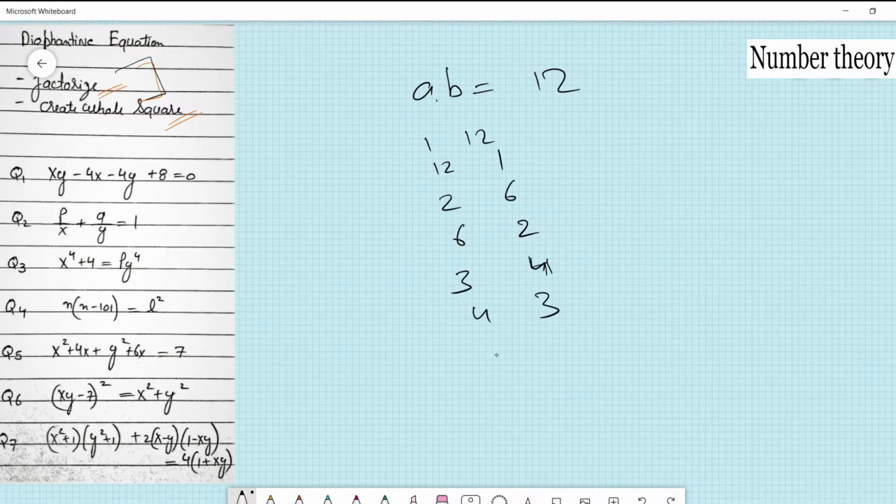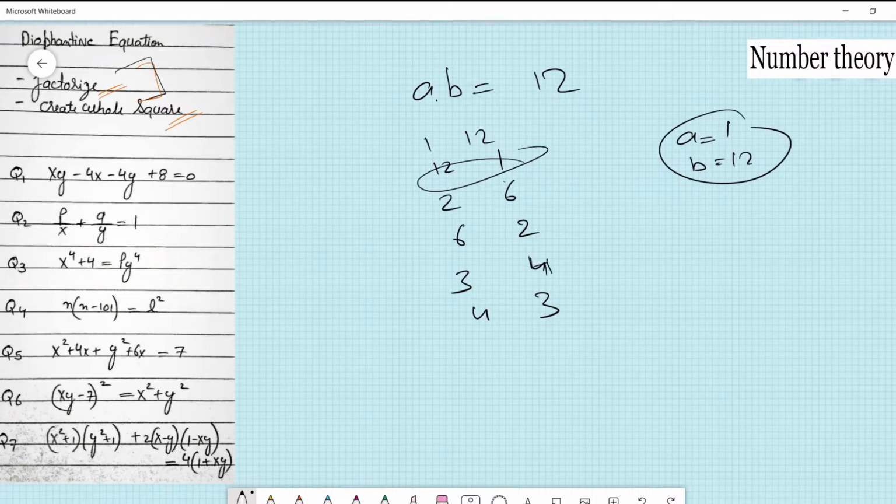These are all the possible choices for a and b. You can also take the negatives, -1 -12, and so on, with the minus signs for each of these cases again. So solutions will be a equals 1 and b equals 12, this is one solution, this is second, this is third, this is fourth. Similarly, we have a total of 6 solutions.